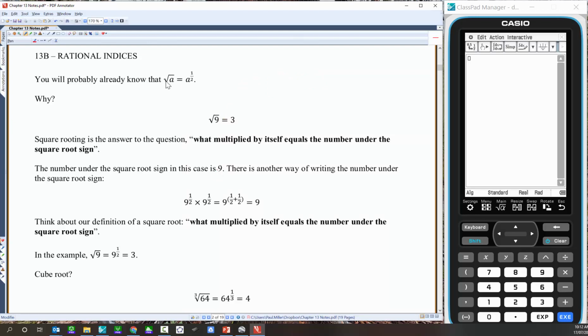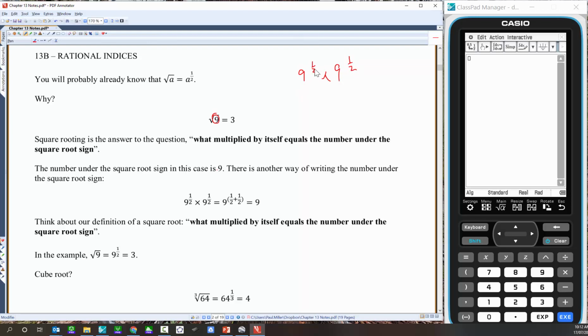Now on to rational indices. So hopefully you know or have seen this year that the root of a is equal to a to the half, and again it's important to know why. So we know that the square root of 9 is equal to 3, but we can also write the number 9 as 9 to the half times 9 to the half.